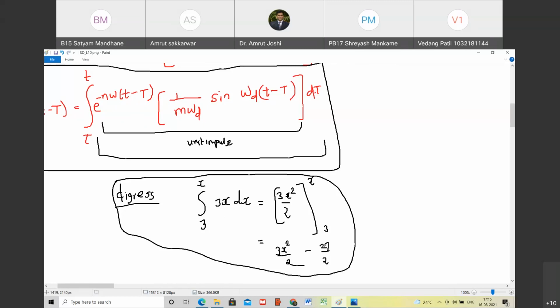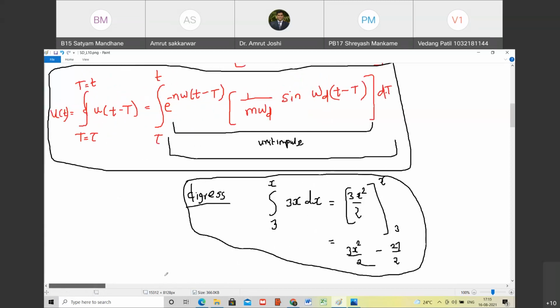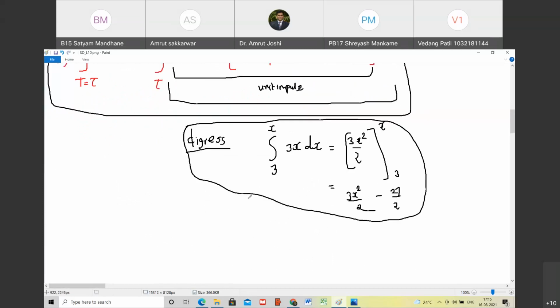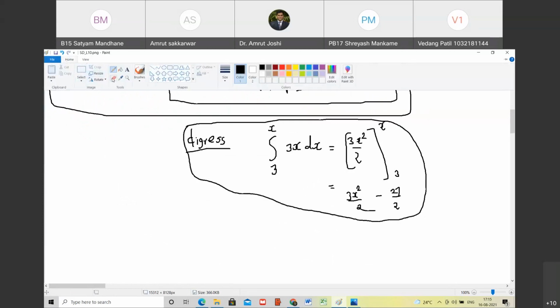अब जरा यहाँ पे देखो, अब दूसरी चीज करते हैं. Let us continue this digression.